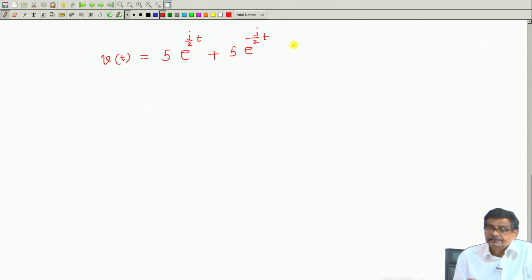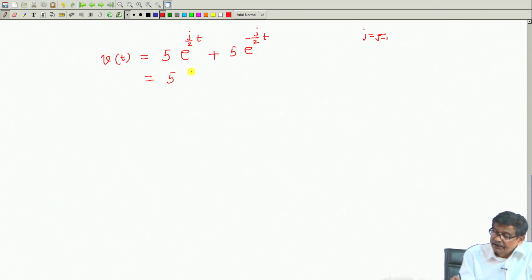Now, j is root over minus 1, purely imaginary. Now, these two things can be combined together, e to the power j t by 2 plus e to the power minus j t by 2.